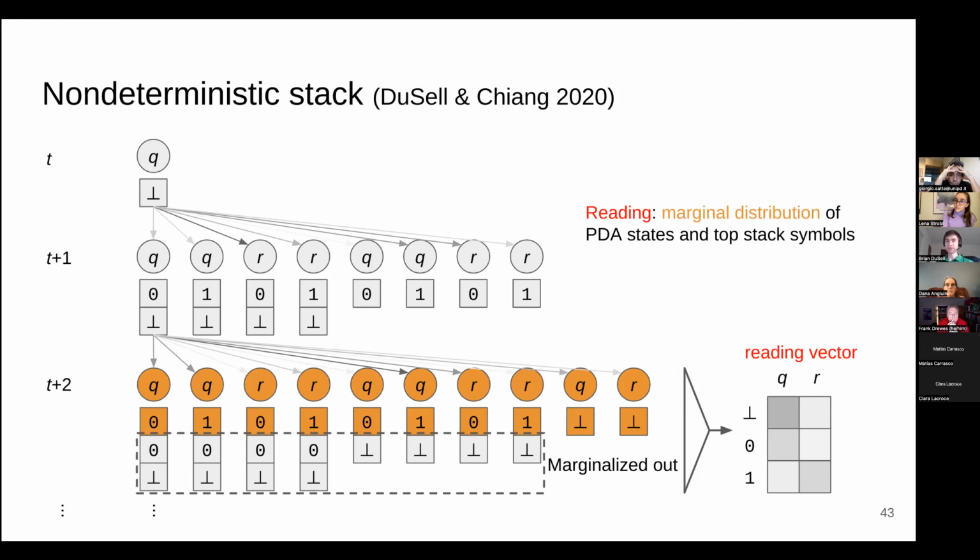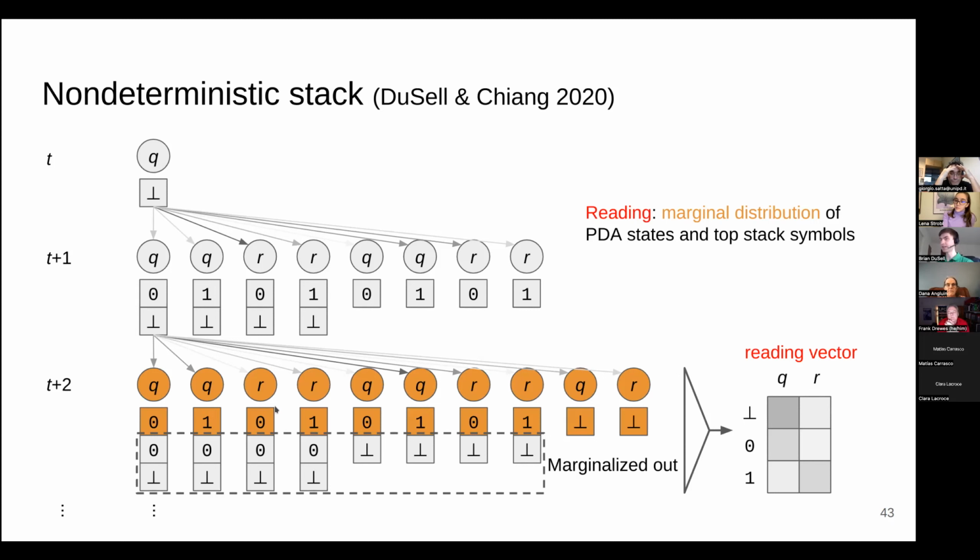All right, so we have this distribution over configurations, but then we need to return a vector of fixed size to the RNN controller. So how do we summarize an exponential number of configurations into a fixed size vector? The way we do this is we compute a probability distribution over pairs of PDA states and top stack symbols, by marginalizing out everything that's beneath the top stack symbol.